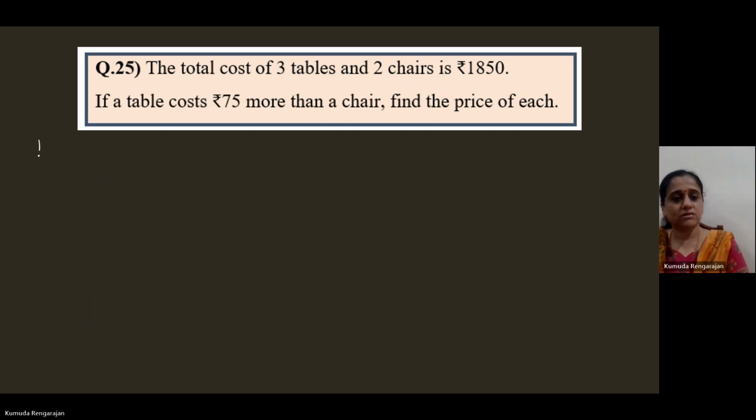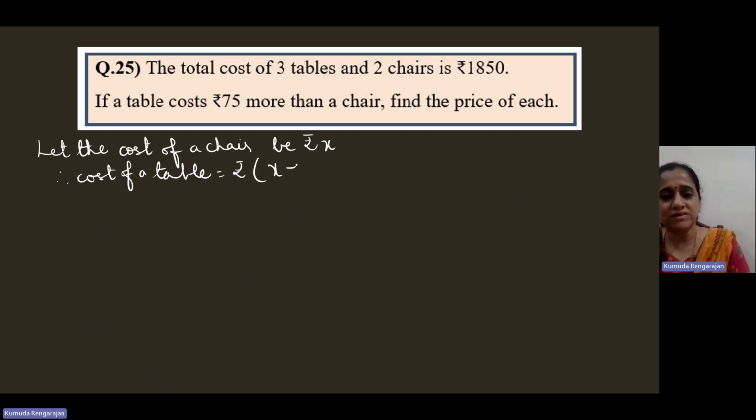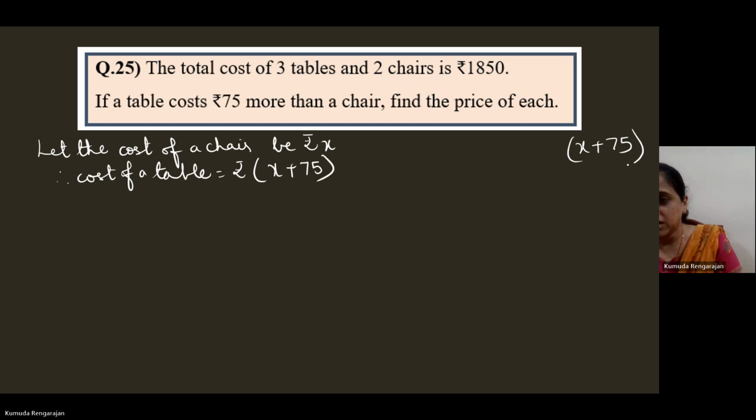So let the cost of a chair be rupees X. Therefore, cost of a table is equal to rupees X plus 75. Now, what will be the cost of 3 tables?